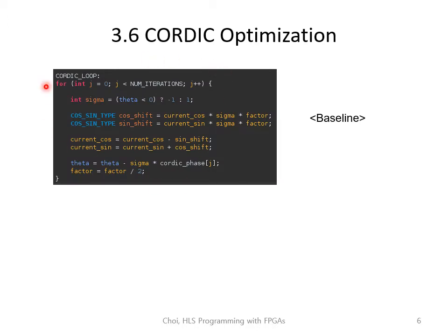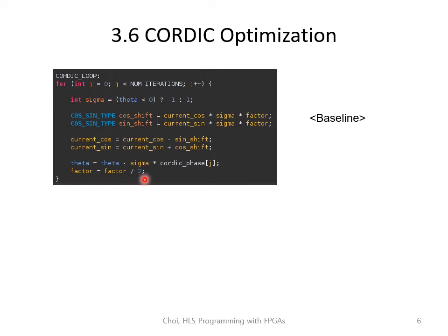This is the baseline implementation we saw in the last class, and there was a loop carry dependency on the variables current sign, data, and factor. There isn't much we can do about current sign and data, but for factor, notice that it is being divided by 2 each iteration.